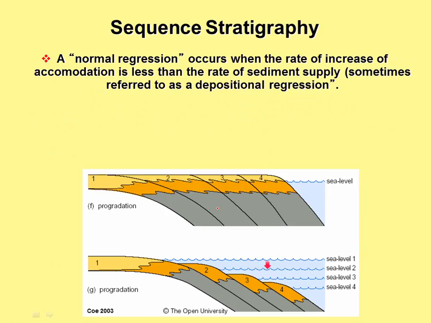So the shoreline is moving seaward, which is the definition of a regression, and what we're saying is this is a forced regression because of the relative sea level change. In this example, the shoreline also moves seaward, and so it's a true regression, but it is the product of the effect of deposition, and hence the term depositional regression is sometimes applied to it.